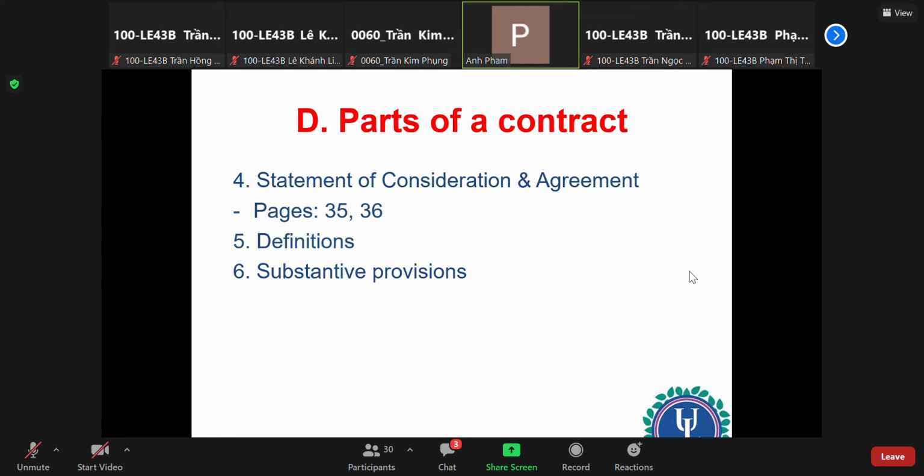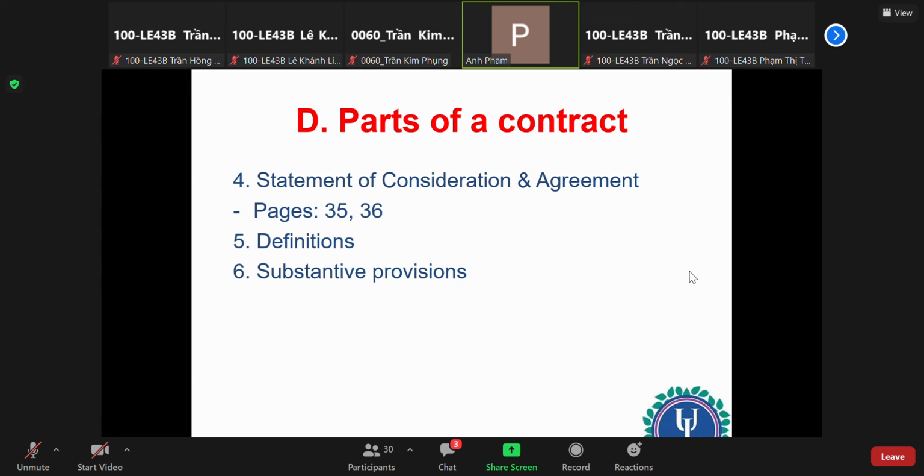Don't think that because it just gives the definition, you should look at the main content of the contract only. No, this is incorrect, right? The definition may give you a lot of information that the content of the contract just refers to.